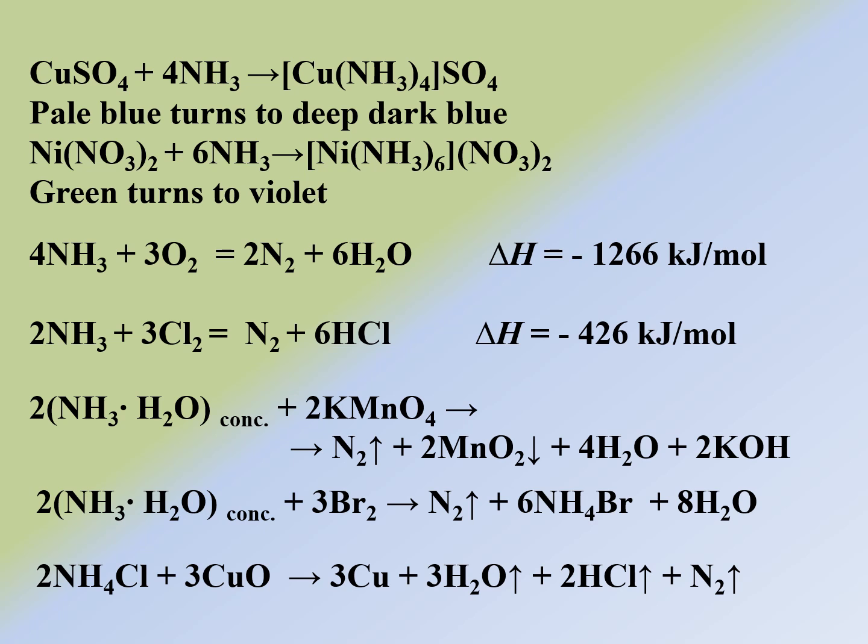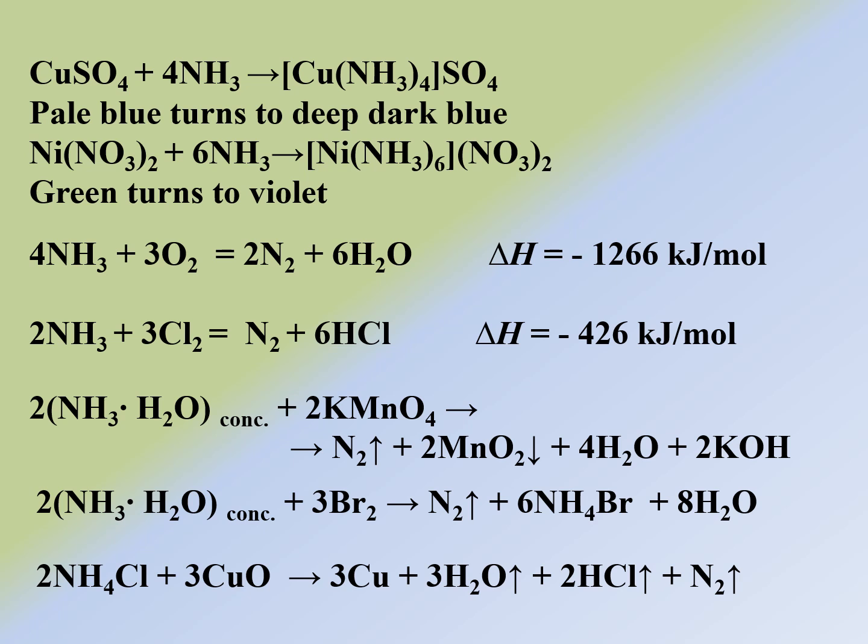That's why ammonia can be oxidized by KMnO4. KMnO4 is a strong oxidizer, as you remember, and there will be MnO2, KOH, and N2 together with H2O. In the same manner, ammonia can be oxidized by bromine.